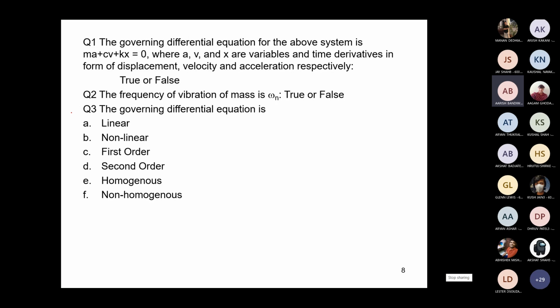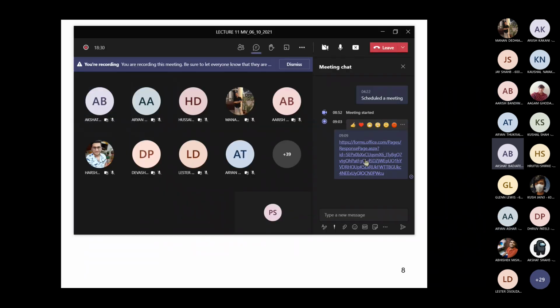Still it is coming closed, the form. Just refresh it. It's not accepting responses.